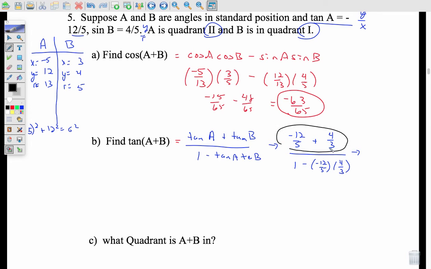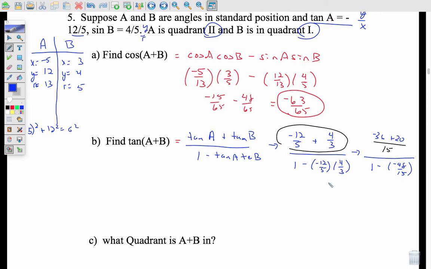So you can see we have some fraction work to do. I have these two terms in my numerator, two fractions, so I'm going to combine those. That common denominator would be 15. I have negative 36, and I have plus 20, and I'll come back to that. I'll go 2 steps here.